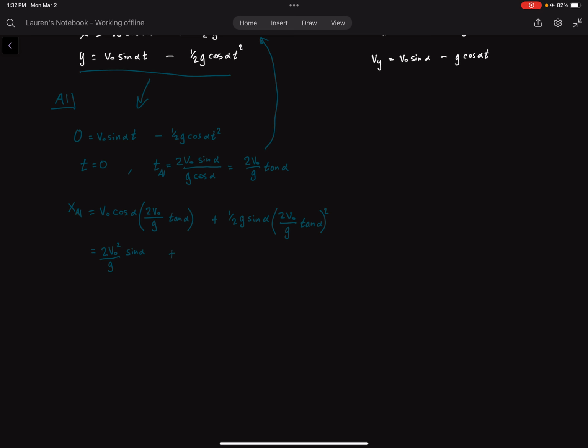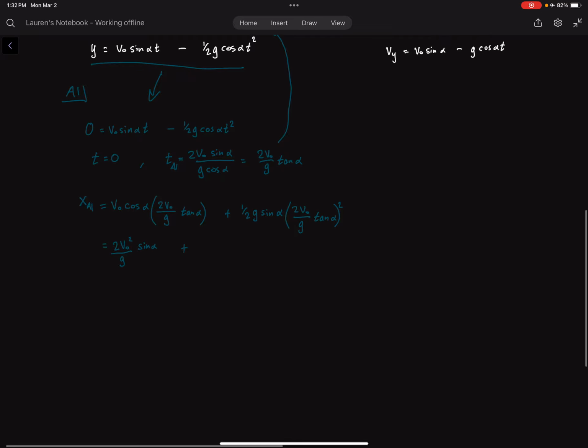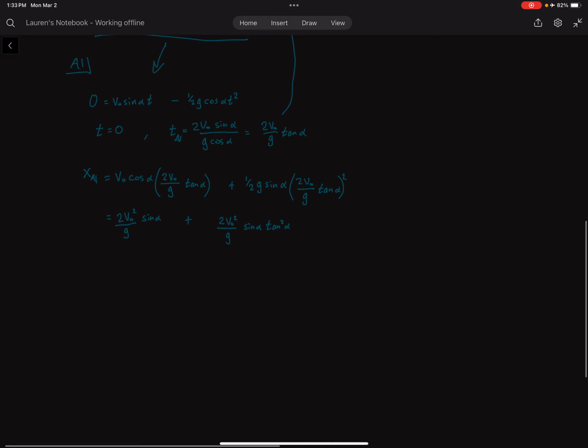And then the second term, we have tangent squared, which gives us a lot of stuff here. In fact, we're just going to leave tangent as tangent. One of the 2's cancels, but the other one does not. So we have 2 v naught squared. One of the g's cancels, but not the other one, over g times sine alpha. And then we have a tangent squared alpha. And this looks nice because they have a whole bunch of stuff that's the same in both.